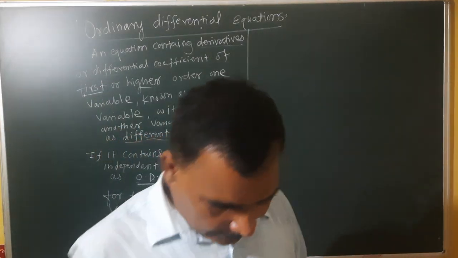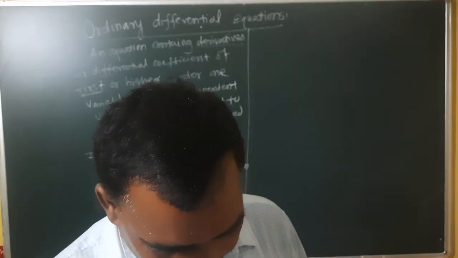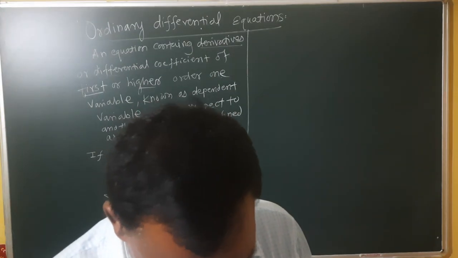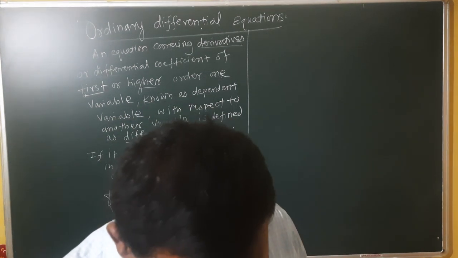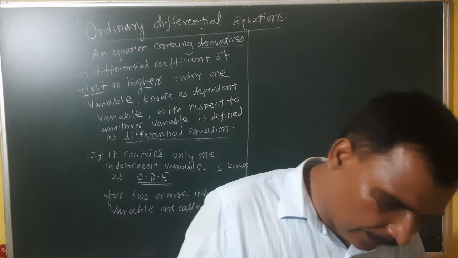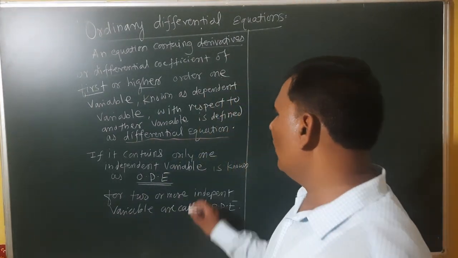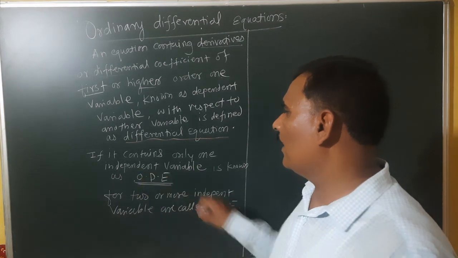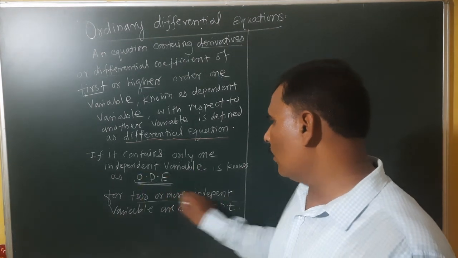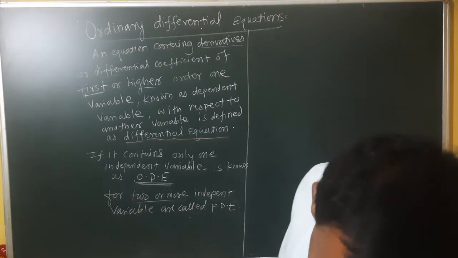The equation containing only one independent variable is known as an ordinary differential equation, while in the case of partial derivatives of a dependent variable with respect to two or more independent variables, it is known as a partial differential equation.